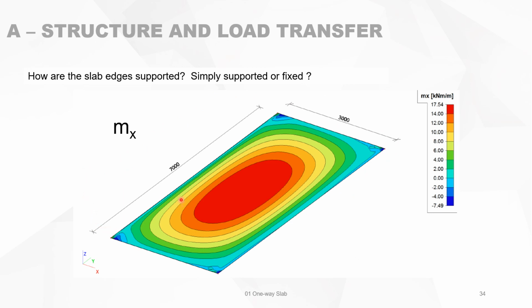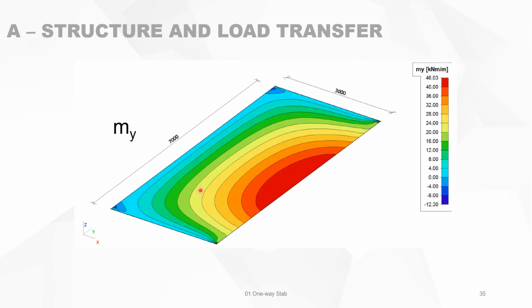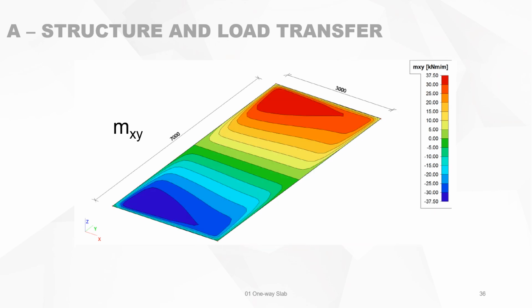Another example, if you look at the bending moment in the x direction, then you see a sagging bending moment, no hogging bending moments. And in y, you only see on one side the sagging bending moments, on this side here. And then on the torsional bending moments, you see again this shape of isolines, but not in this corner and not in this corner, only in this and this corner.